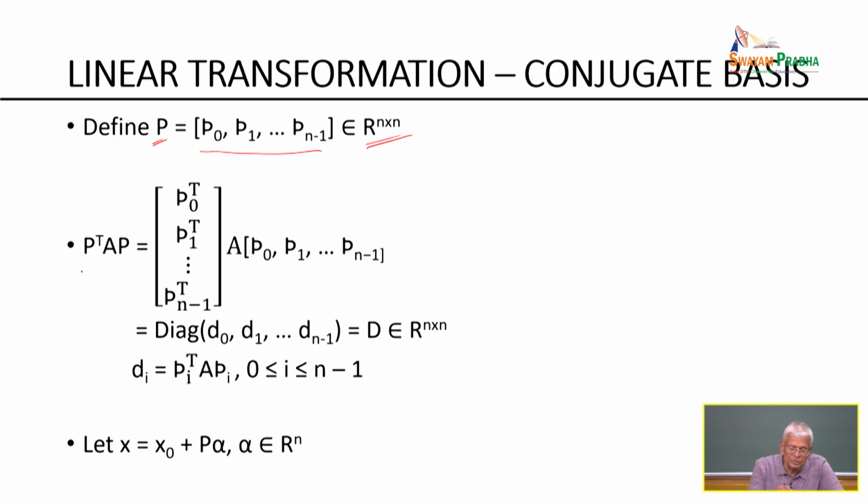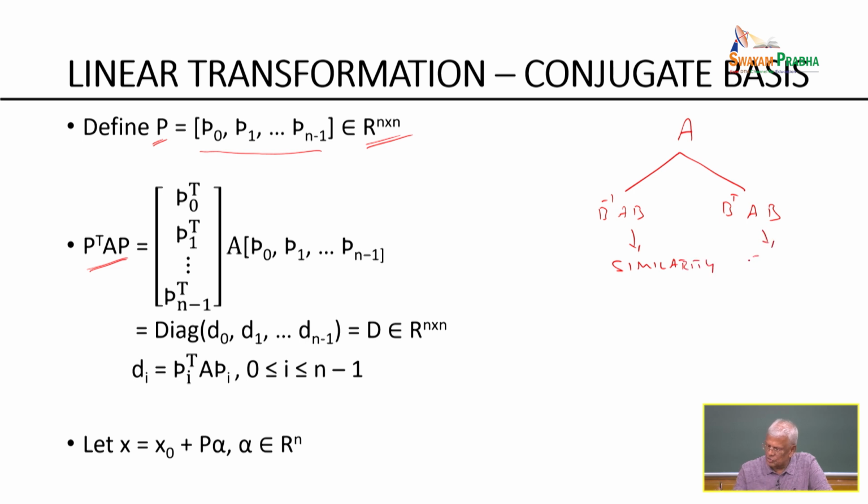Now, I am going to consider the matrix P transpose A P. You remember, if I have a matrix A, B inverse A B and B transpose A B are two types of transformation. This is called similarity transformation.